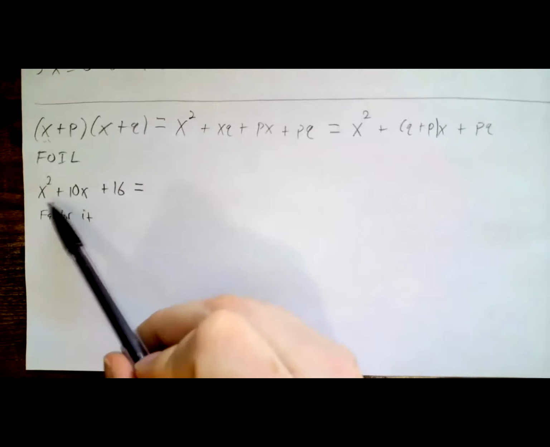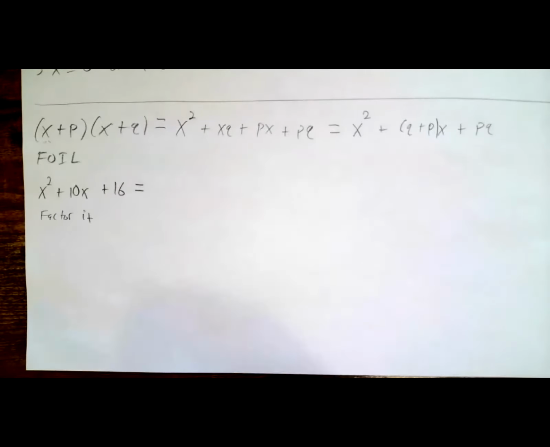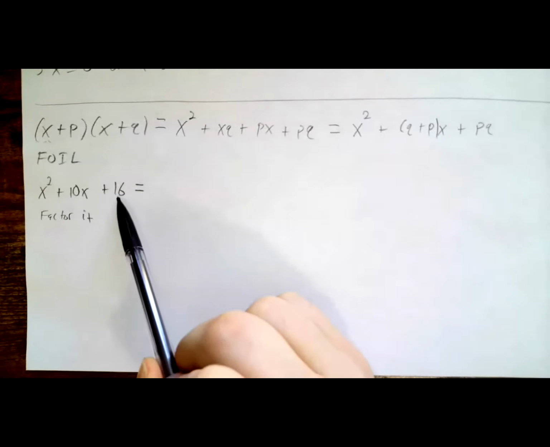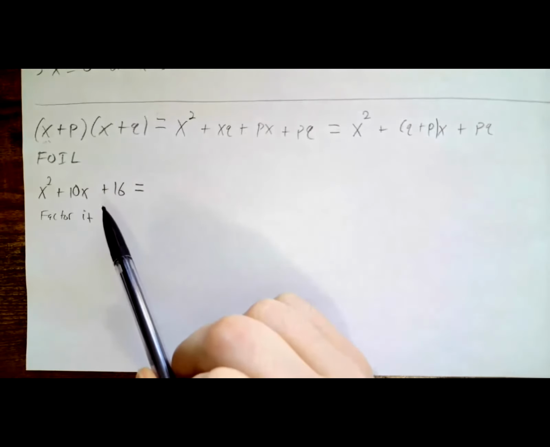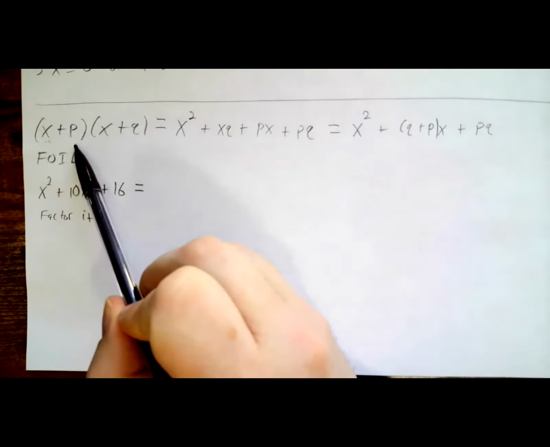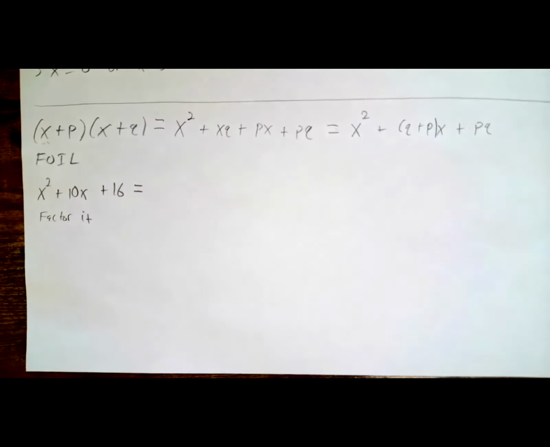It means take an expression like x squared plus 10x plus 16 and then rewrite it as x plus something times x plus something else. In other words, can I find p and q so that x squared plus 10x plus 16 is equal to x plus p times x plus q?